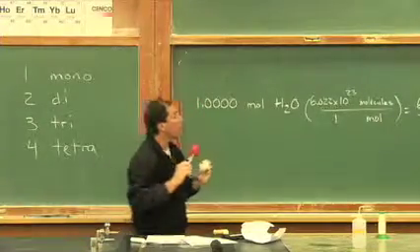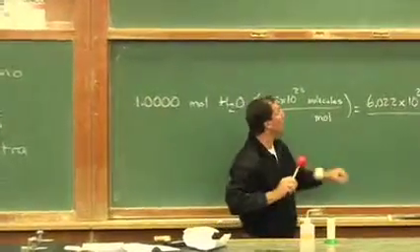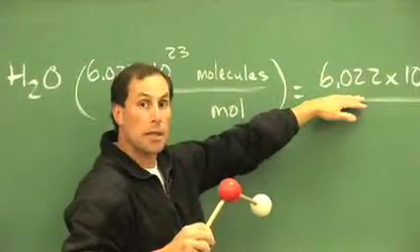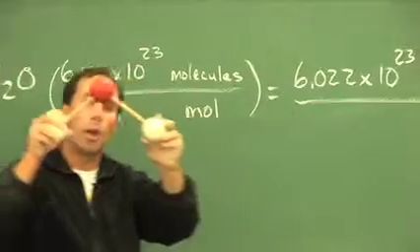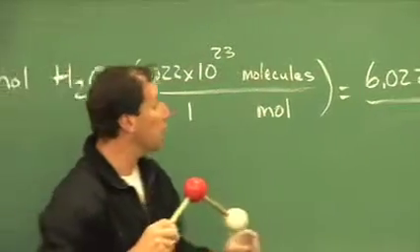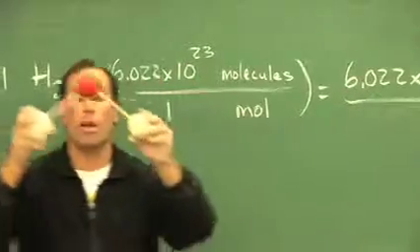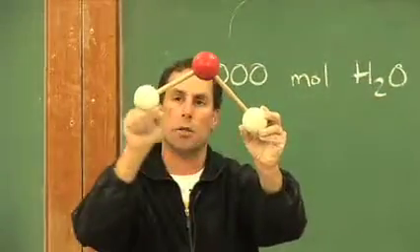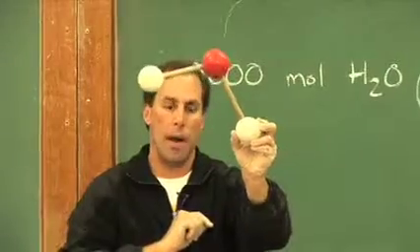So if you're going to ask yourself how many oxygen atoms are in this sample, this is how many oxygen atoms are in the sample. Each molecule has 1 oxygen atom. If you're going to ask yourself how many hydrogen atoms, it's this number for the molecules. You're going to multiply that by 2, because each one of these molecules has 2 hydrogens.